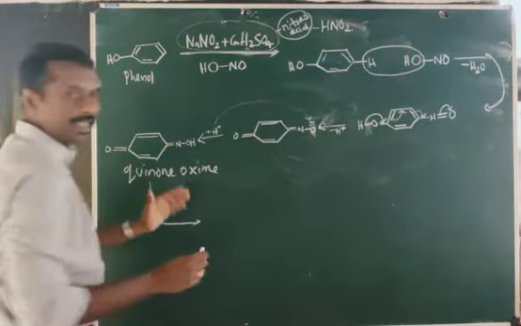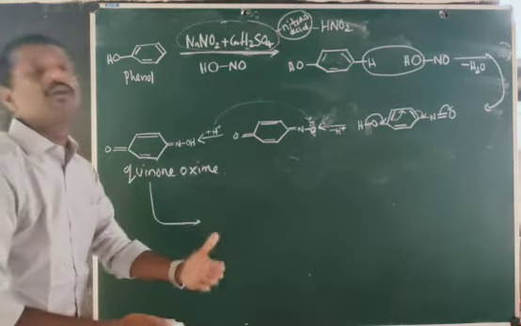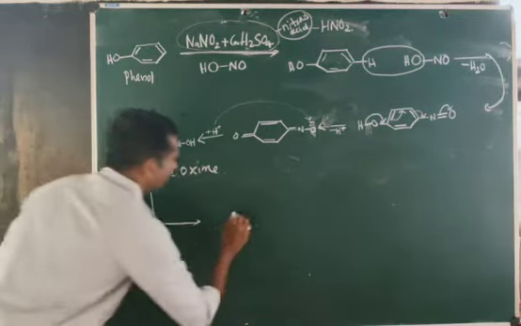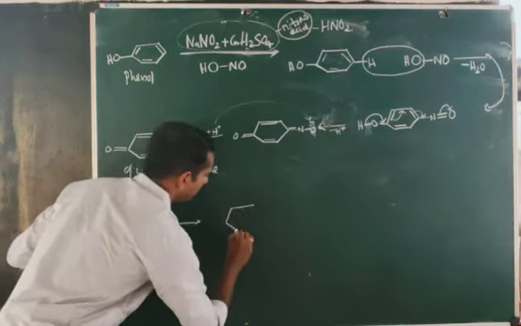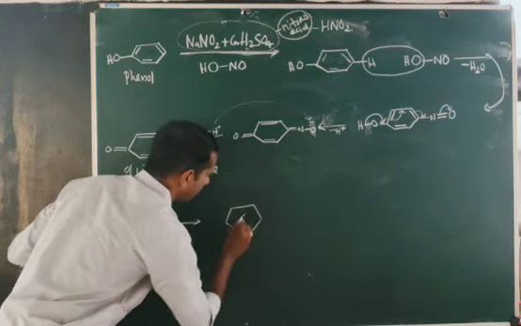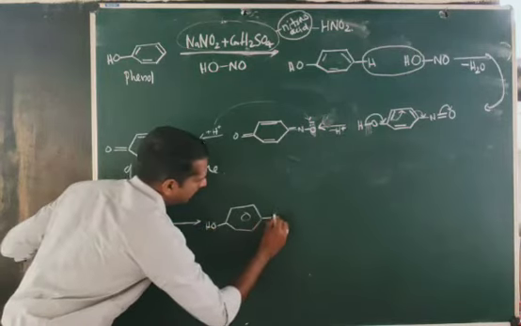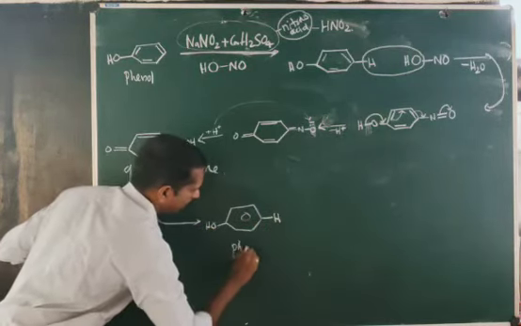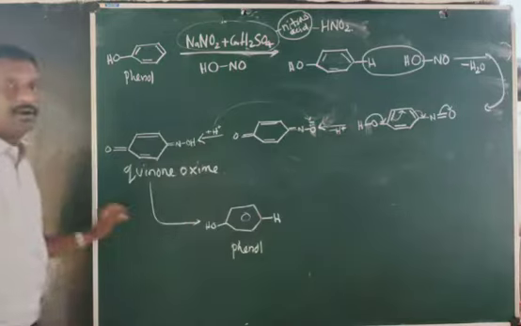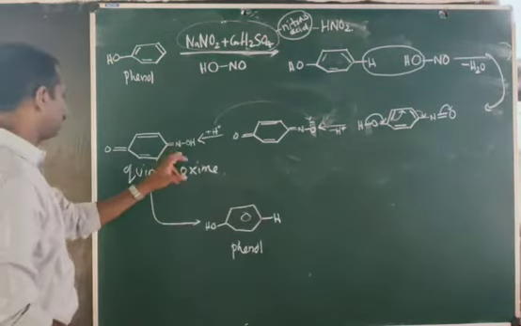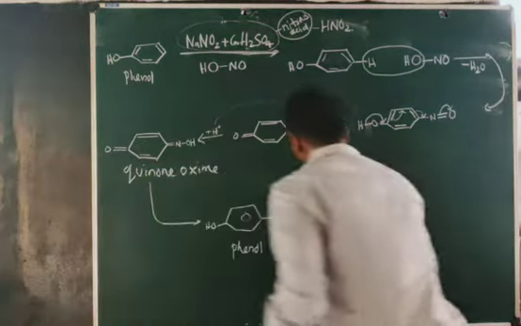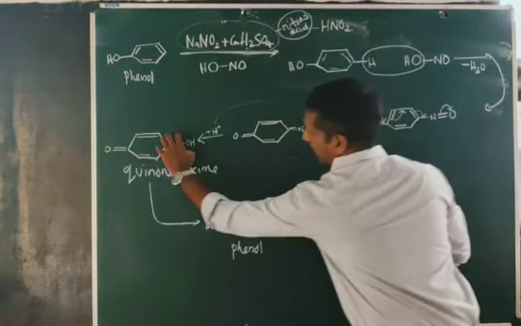This quinone oxide will react with another molecule of phenol. So look at it here. This quinone oxide is reacting with another molecule of phenol. I am writing phenol. Here is a hydrogen. This is a second molecule of phenol. Then I am writing this quinone oxide, in reverse direction.